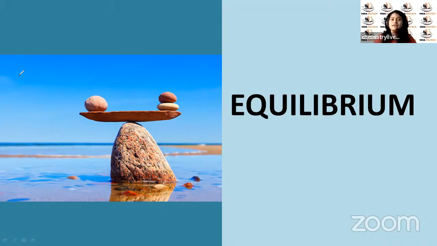Before starting, we'll just see what equilibrium means. Suppose A is the reactant and it's giving B as the product.